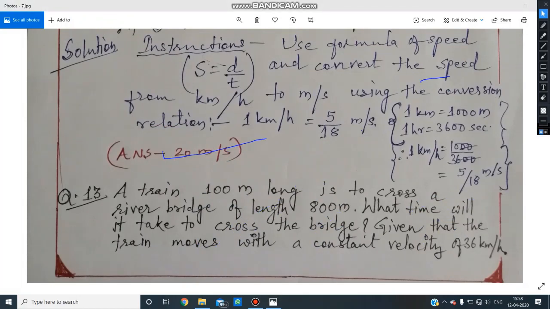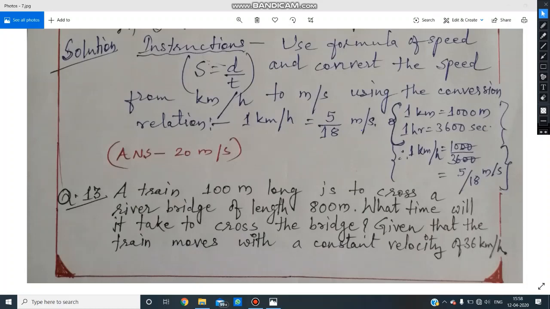Let's go to the next question now. The next question is: a train 100 meter long is to cross a river bridge of length 800 meter. What time will it take to cross the bridge, given that the train moves with a constant velocity of 36 km per hour?